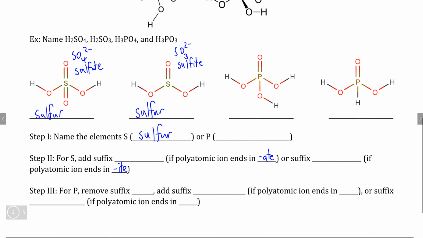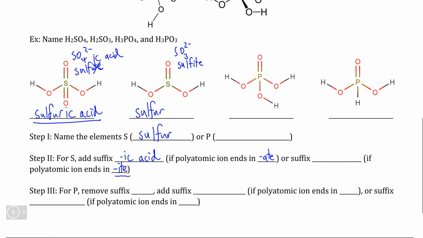For this one that contains sulfate, SO4 2-, instead of adding the suffix -ate, we just add the suffix -ic acid onto the element name sulfur, so this is what we call sulfuric acid, whereas if we removed the -ate and replaced it with -ic, we would just get sulfic acid, but that's not the spelling that we use in English. It would be sulfuric acid, hence using the element name sulfur as our baseline.